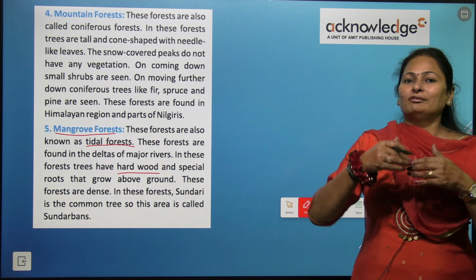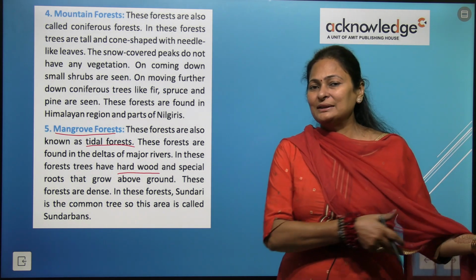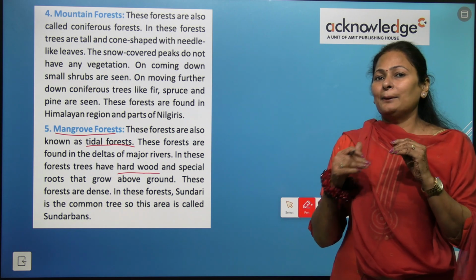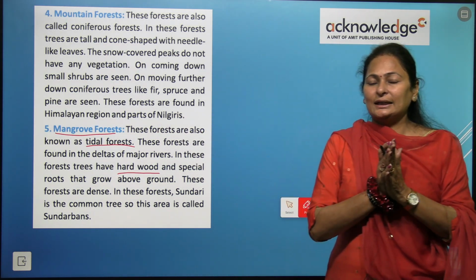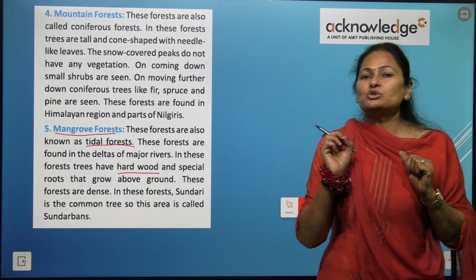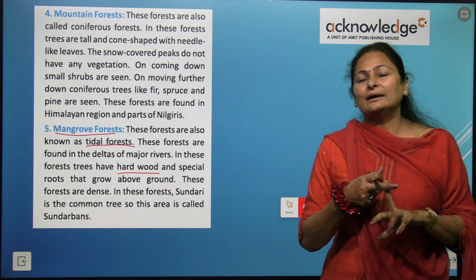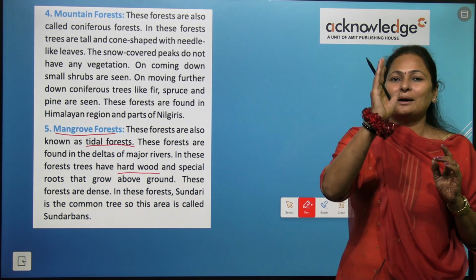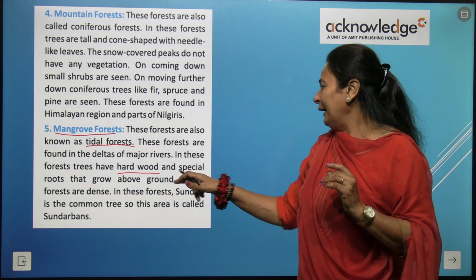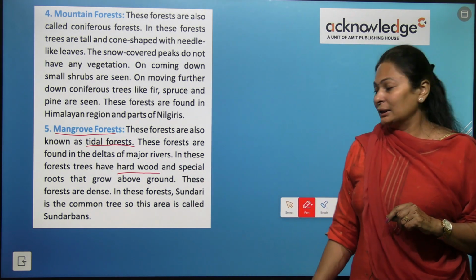The roots of the plant grow upward. And why does it happen, kids? Because in this mangrove area, the soil is very clayey, so plants don't get air there. So to get the air, the roots come out, right? Hardwood and special roots that grow above the ground.